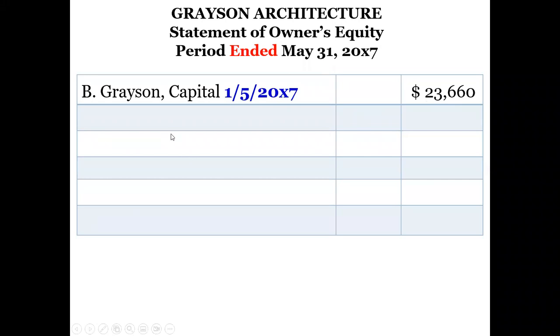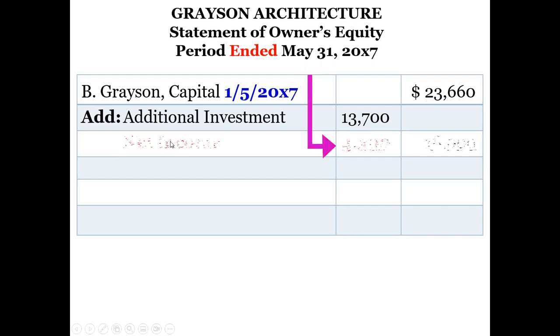Then to this, we are going to add the additional investment of 13,700. The net income from our income statement feeds into this statement, for 4,300. So 13,700 plus 4,300 gives us a subtotal of 18,000.